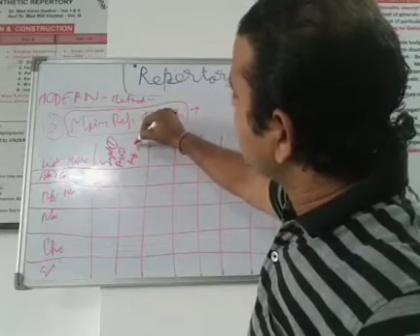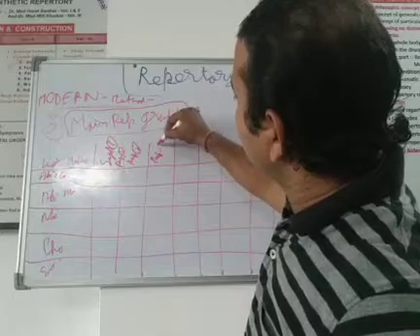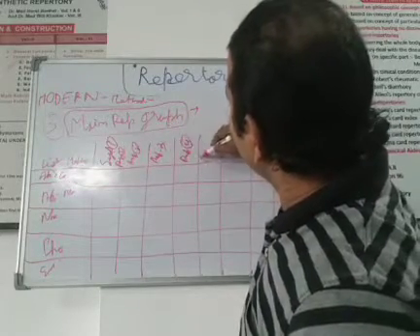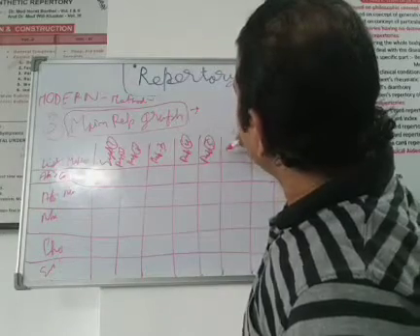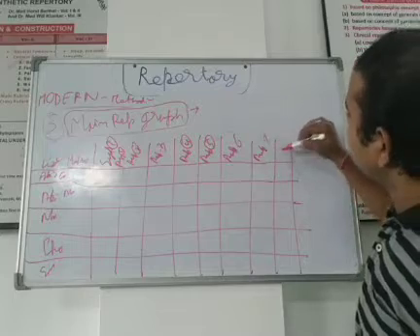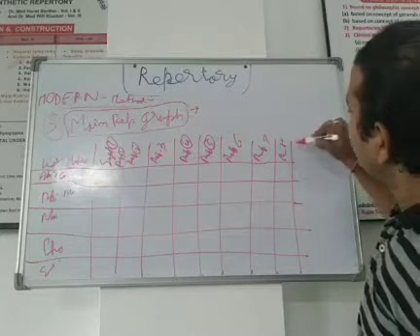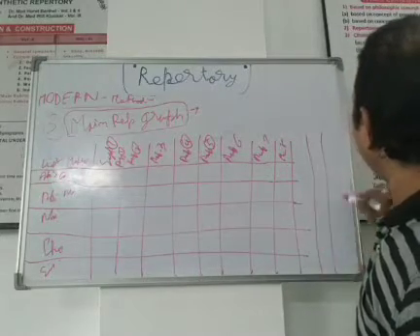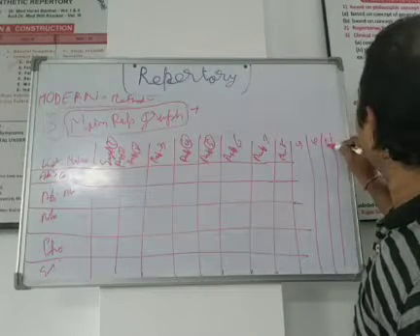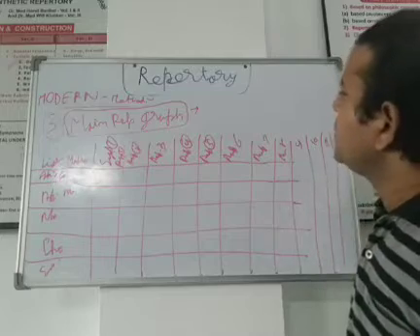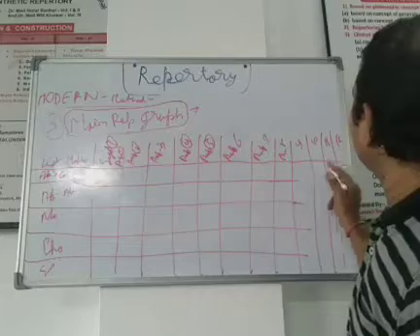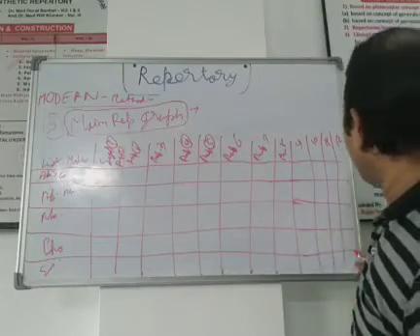Here rubric 2, rubric 3, rubric 4, rubric 5, rubric 6, rubric 7, rubric 8, 9, 10, 11, 12. So this will be in a nutshell.